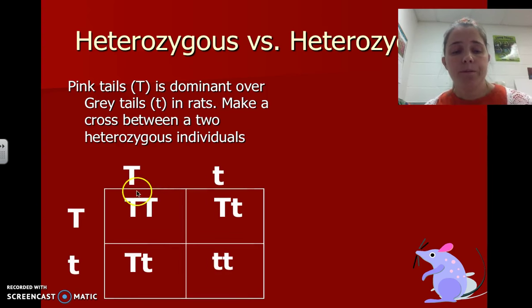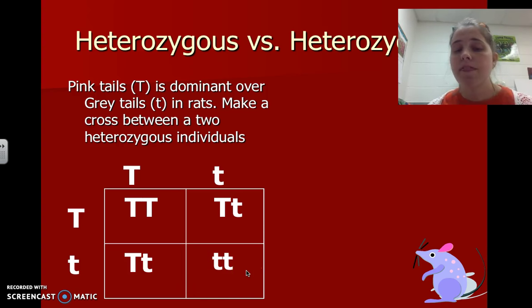All right, so if I say there are two, big T will go here, big T here, little t across this way, little t across this way. So this one will be two big T's, so it shows the dominant trait. So this one is pink, this one is pink, and this one is pink, and this one doesn't have a big T, so it has to be gray.